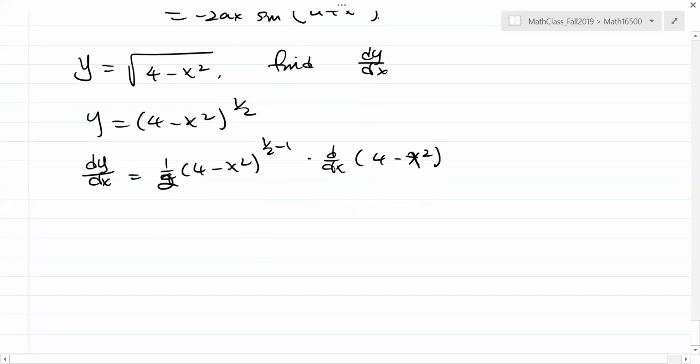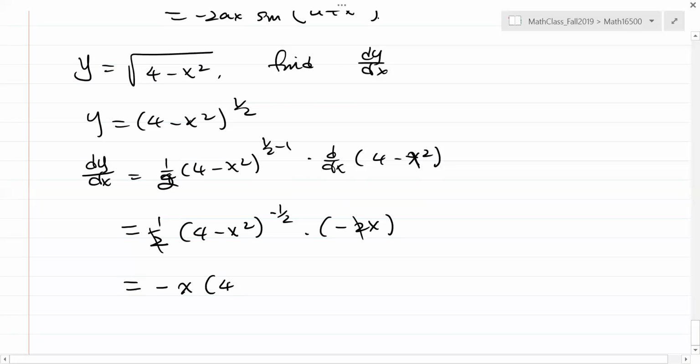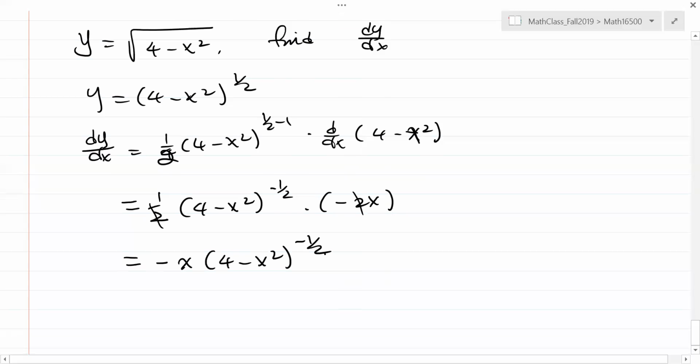All right, so the answer is going to be 1/2 (4 minus x squared) to the negative 1/2, and then that'll be negative 2x, and I cancel. I get negative x times (4 minus x squared) to the negative 1/2. Right, so that's it.